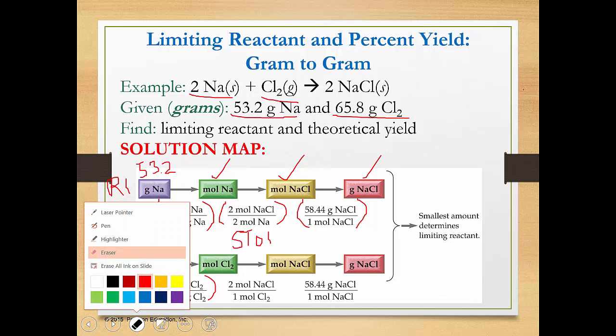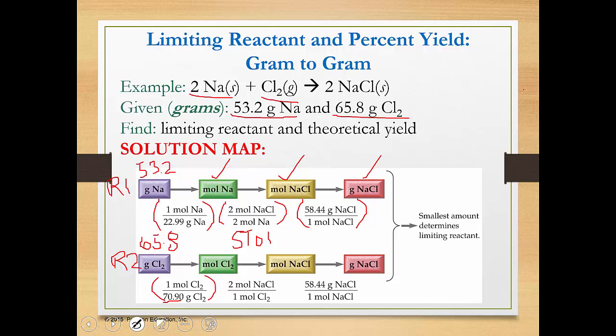That ratio is always 1 mole to the mass from the periodic table. It's always per 1 mole. Notice everywhere you've got grams to moles, always 1 mole. That never changes. The only time you use those coefficients is when you're doing the stoichiometric conversion from moles to moles. If grams is in there, it's 1 mole.